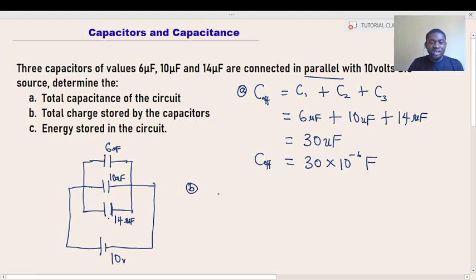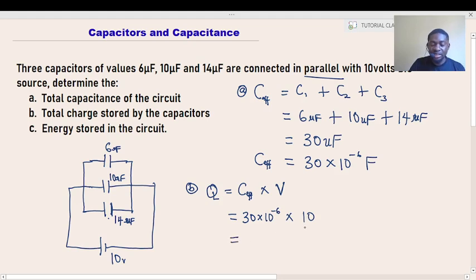The quantity of charge stored in a capacitor is given as the product of the effective capacitance and the voltage across that circuit. Charge Q equals the effective capacitance times the voltage. So the effective capacitance here is 30 microfarad, which is 30 times 10 raised to the power minus 6, multiplied by the voltage, which is 10.